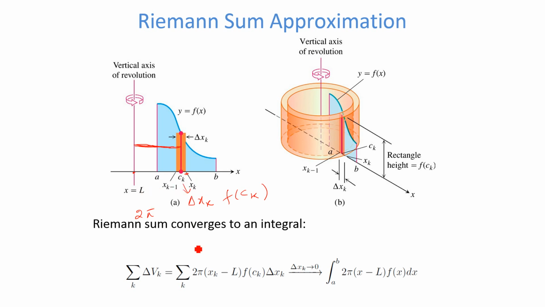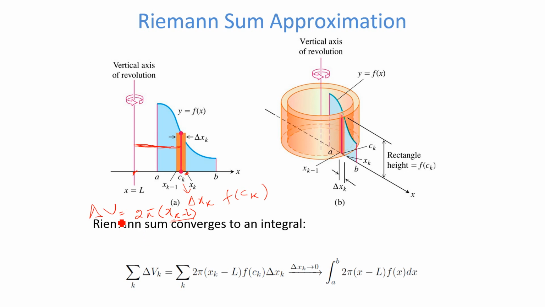It is just the difference between these two values, that is xk minus L. Whenever you have to find the length of the interval, here the interval from L to xk, you just need to subtract the initial value from the terminal value of the interval. This length of the interval is in fact the radius of the shell. All right, so this is the delta V.